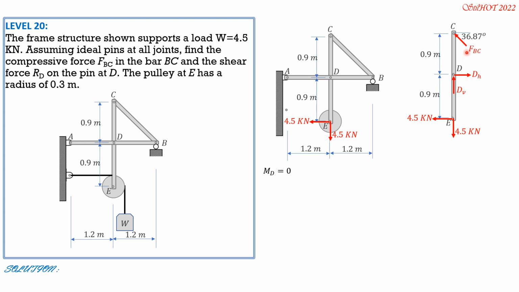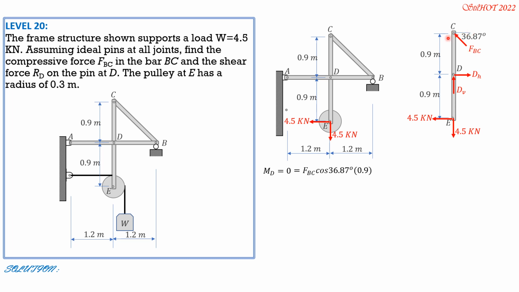There are two components of FBC, horizontal, which is counterclockwise, and vertical, which passes through D. So let's consider counterclockwise positive. So horizontal component is FBC cosine of 36.87, and it is compression because it is pointing towards the point of application.